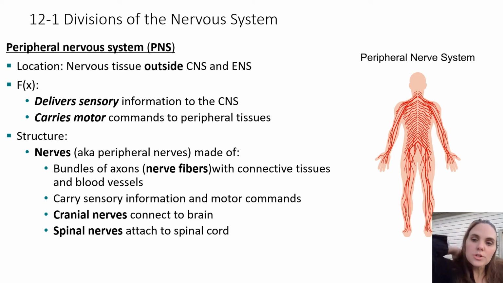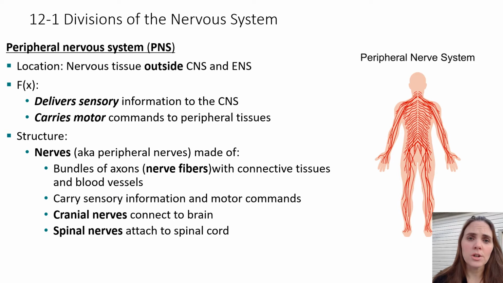The structures of the peripheral nervous system are our nerves, also known as peripheral nerves. And these nerves are made up of bundles of axons, or nerve fibers, with connective tissue and blood vessels. And we'll look more closely at the structure of a nerve later.